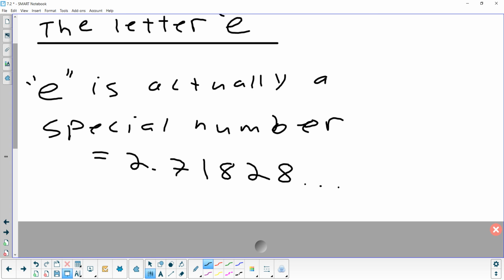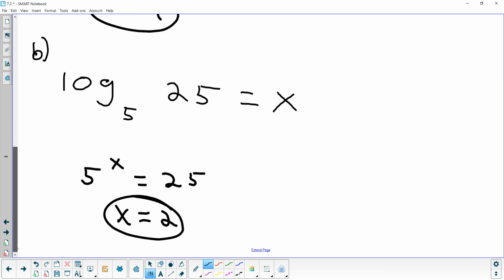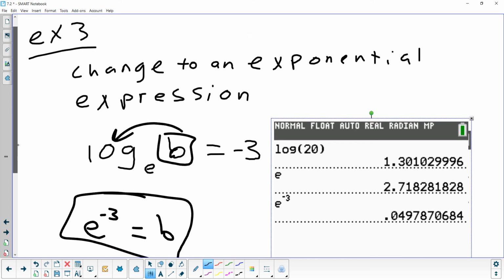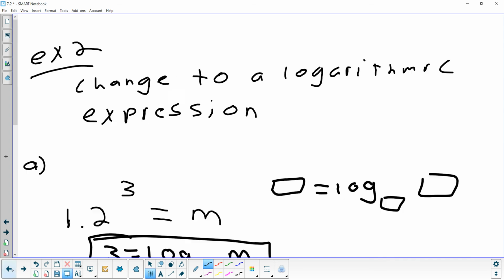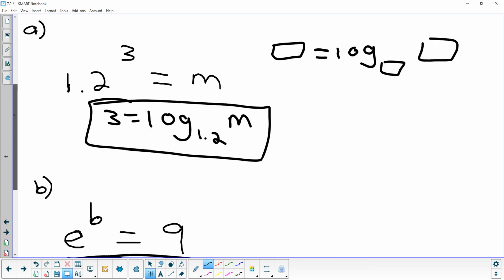And we saw e a little bit earlier before I even told you what it was. If we go back just for a second, we saw it in example 3. I think we even saw it before that, right here, example 2b.